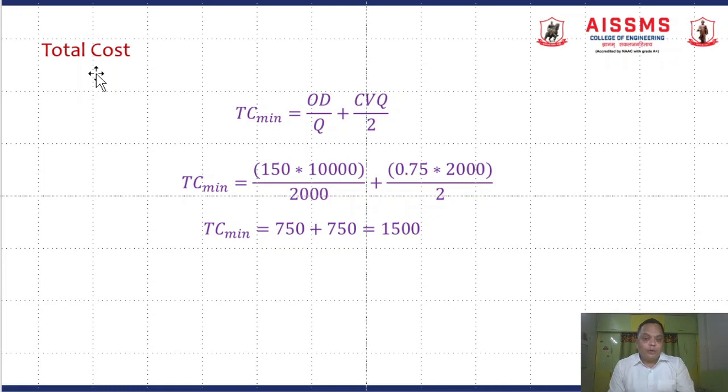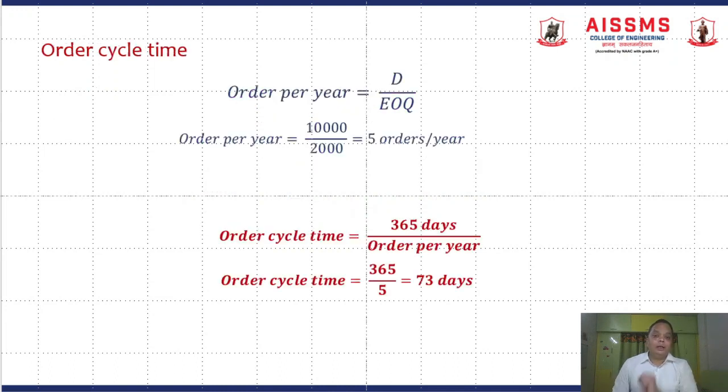When we put all the values, O is 150, D is 10,000, Q is 2000, plus 0.75 multiplied by 2000 divided by 2. So the minimum total cost comes out to be 1500.